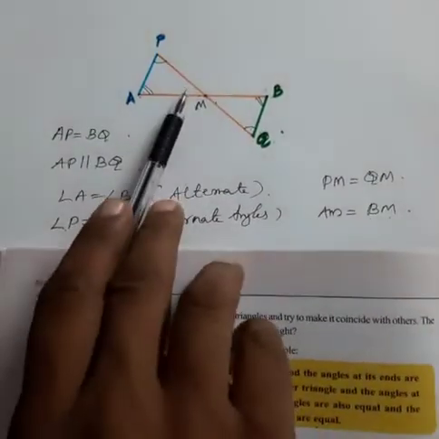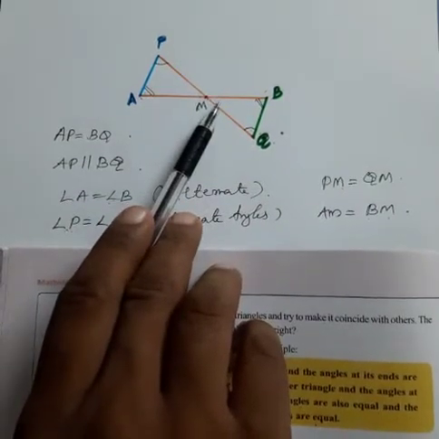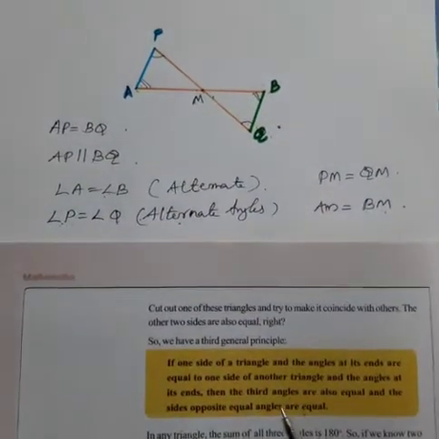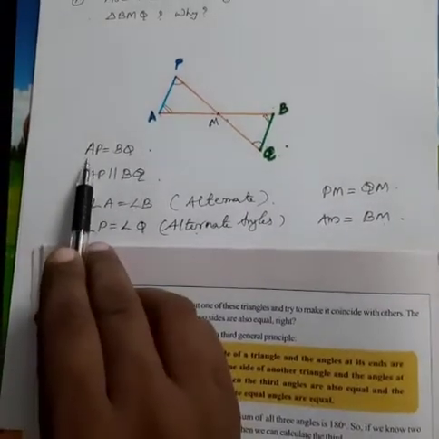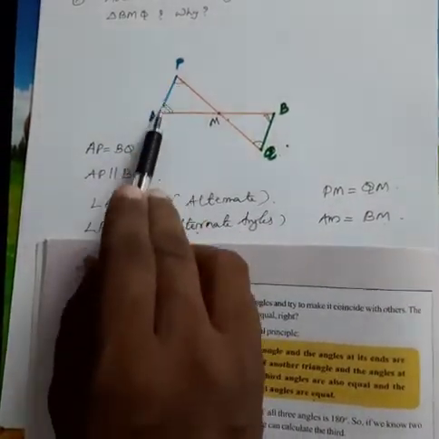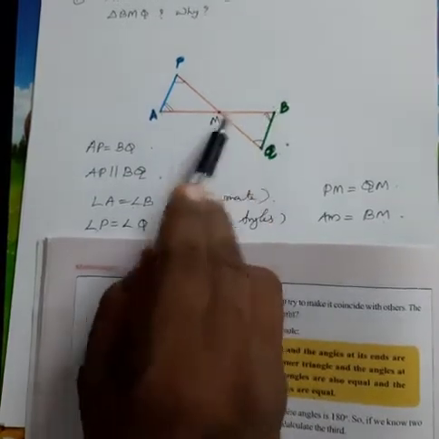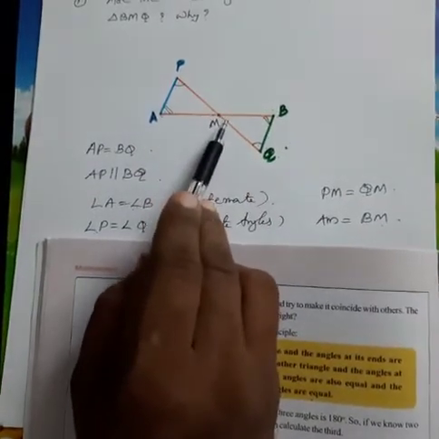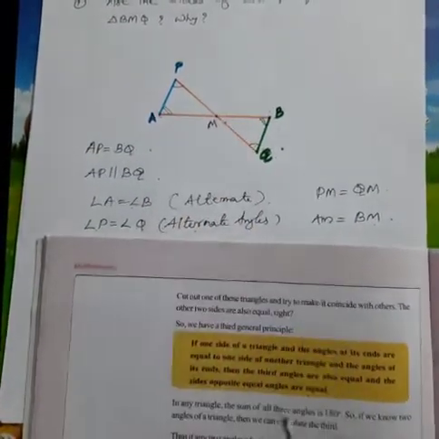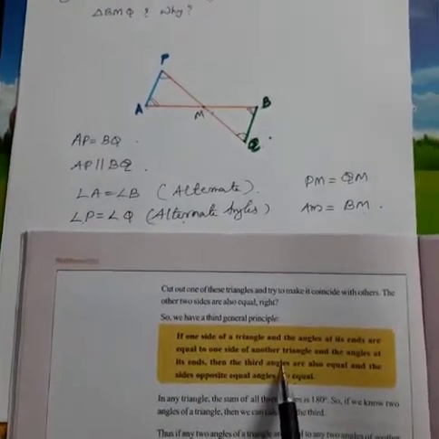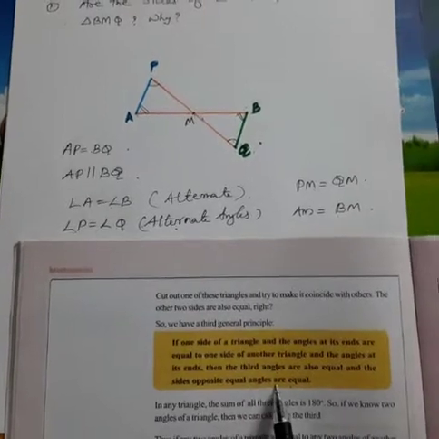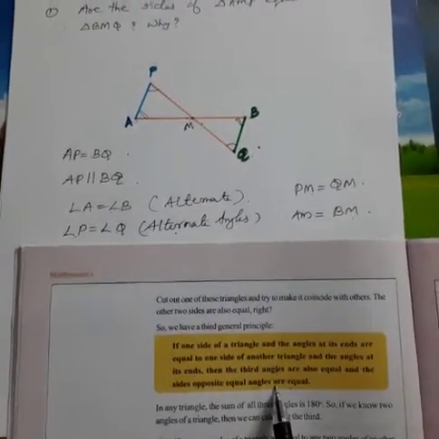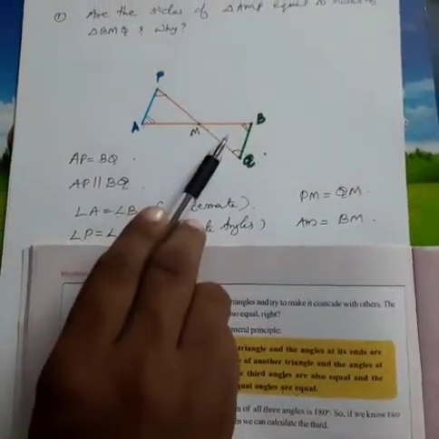Then the third angle also will be equal. The third side you wrote already, AP is equal to BQ. Opposite of AP is angle M. Opposite of BQ also will be angle M itself. So the third angles are also equal, and these two angles are equal.